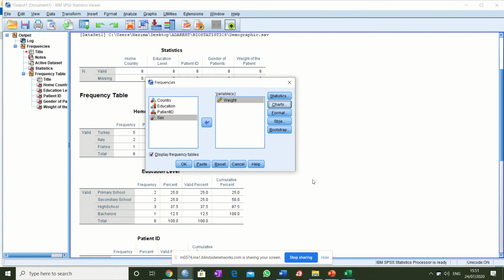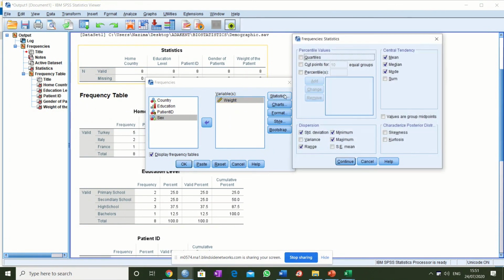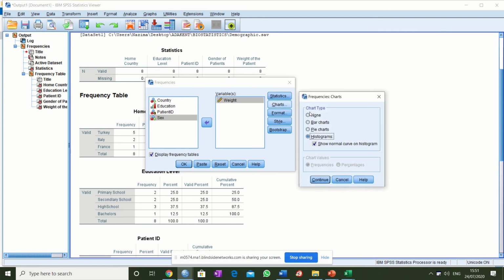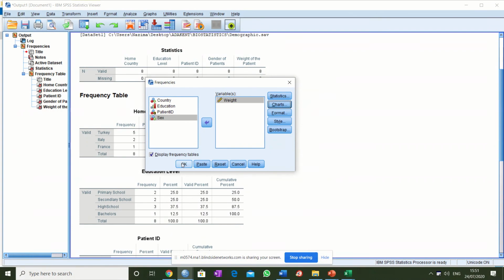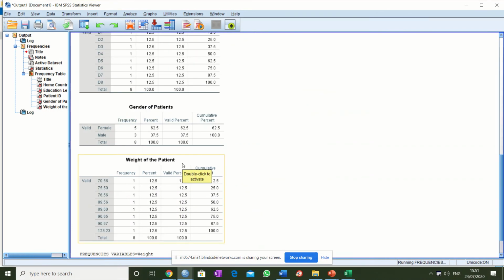I say continue. So here what I did: I go from Analyze, Descriptive Statistics and Frequencies. I choose weight here because it is the only one which is scale. I choose these values from statistics. I say continue. I go to charts. I choose histograms, normal curve, and I say okay.